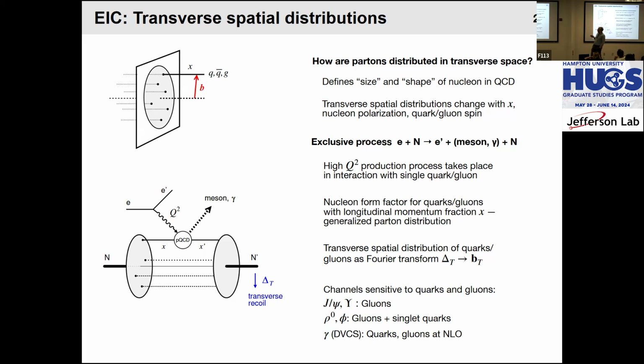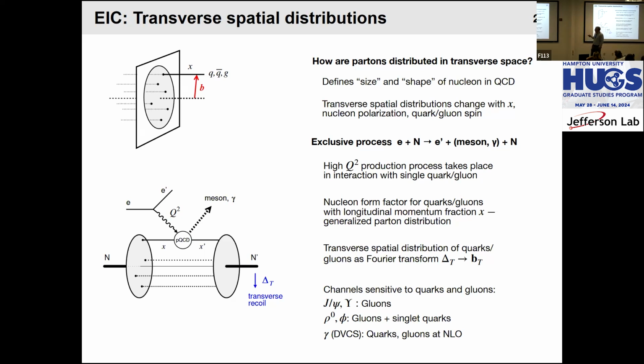And one can define densities of these partons both in the longitudinal momentum x and in the transverse position b. So they describe to us how partons with a given longitudinal momentum fraction x are distributed in transverse space. And that's a very interesting quantity to look at because it defines really the size and the shape of the nucleon in QCD, now in the sense of this parton picture of this many-body system.